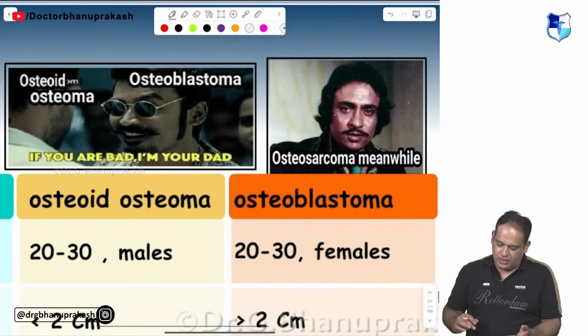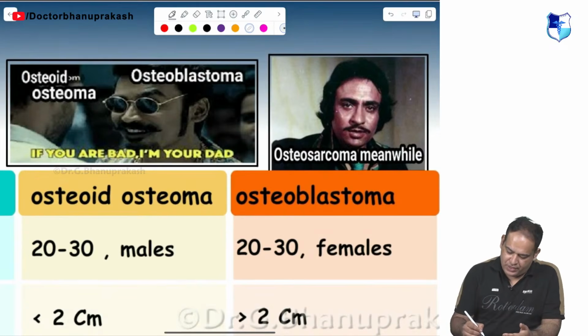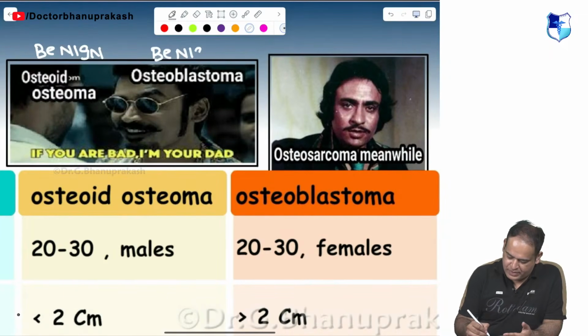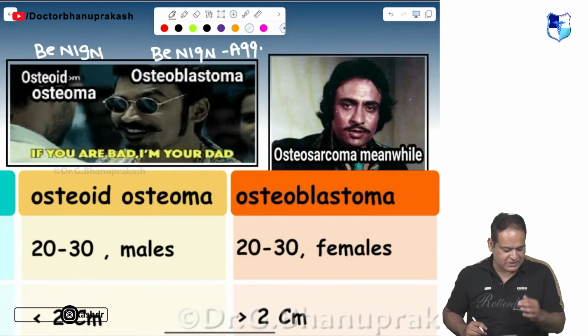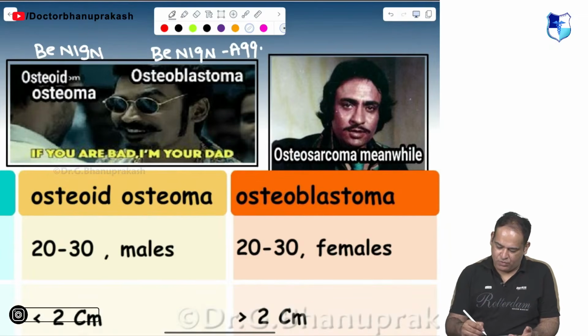Now here, osteoid osteoma is perfectly benign. Osteoblastoma is benign but little aggressive. And osteosarcoma तो है ही malignant. This is malignant.